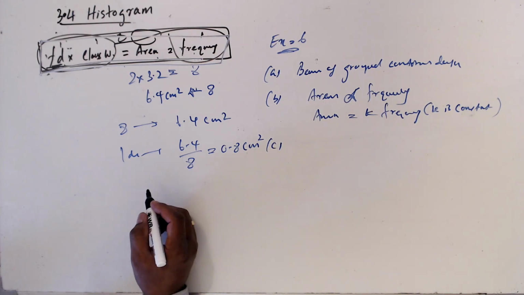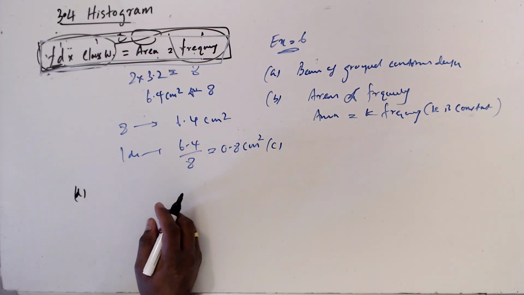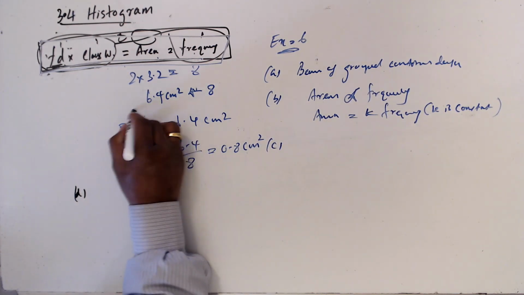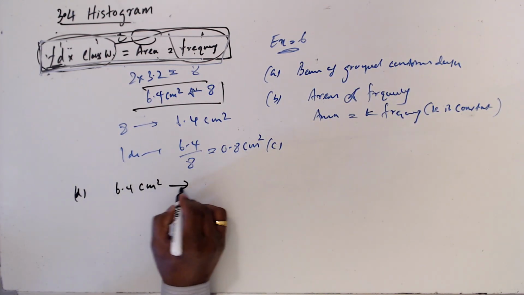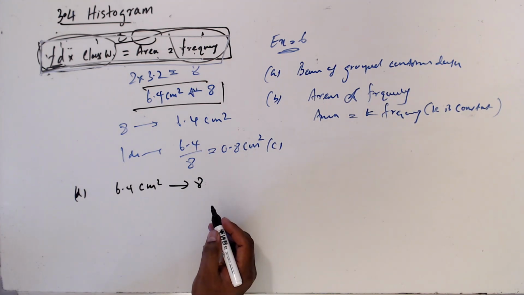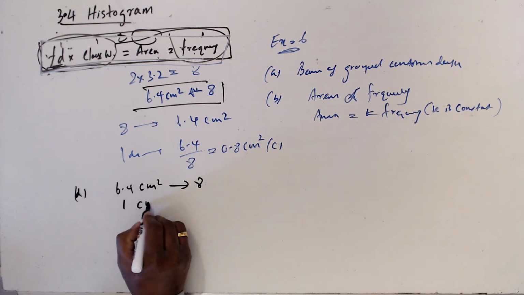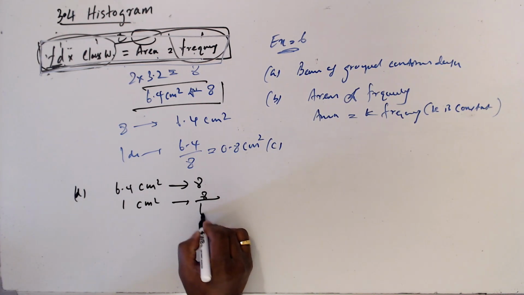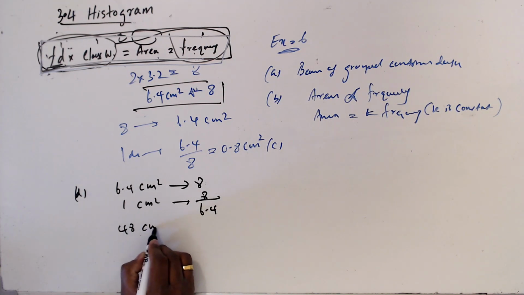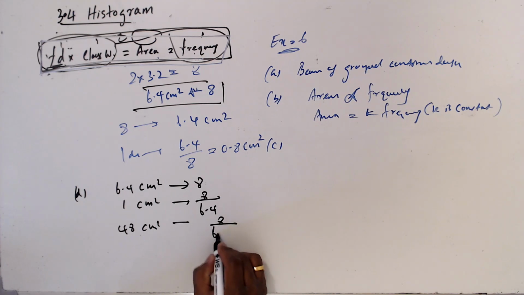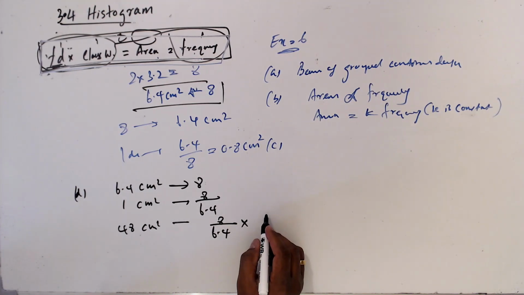Now part D: given that the total area under the histogram was 48 cm squared, find the number of days. We have the relationship again: 6.4 cm squared represents 8 days. So we need the number of days. Then 1 cm squared represents 8 over 6.4, and we need 48 cm squared. This is all year 2-3 knowledge.